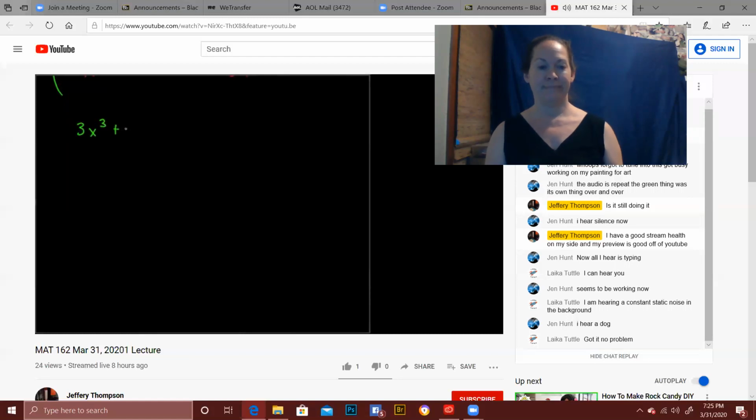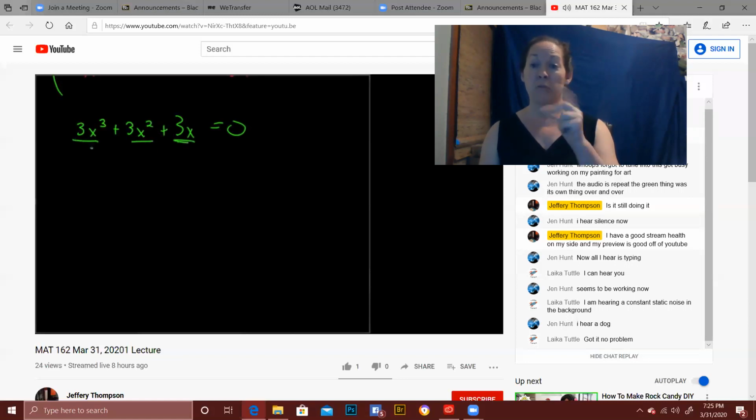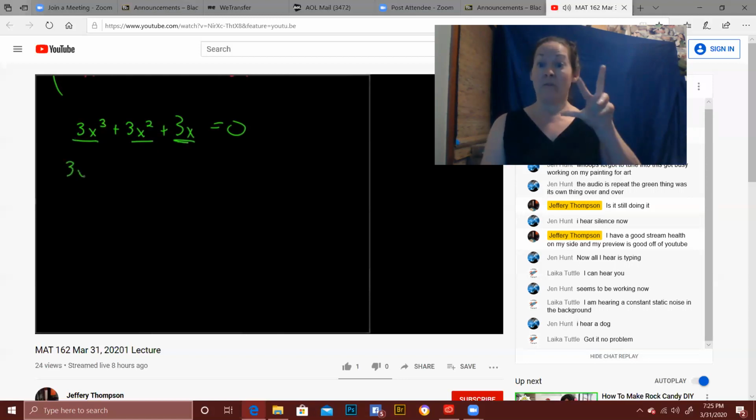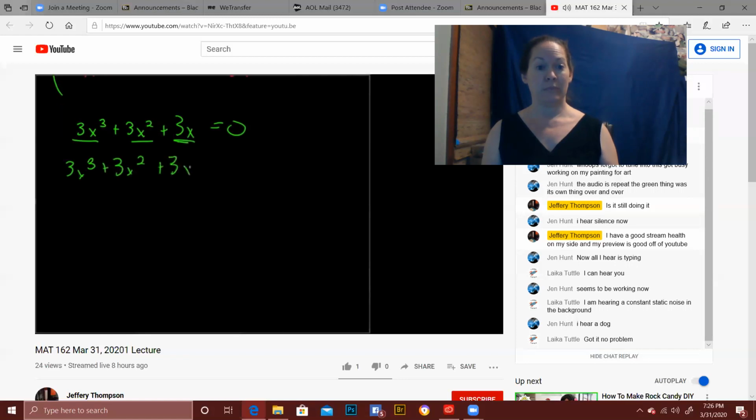All of these have a common factor of 3x, so I can divide by 3x. Divide this by 3x, showing you the why we start our divisions.